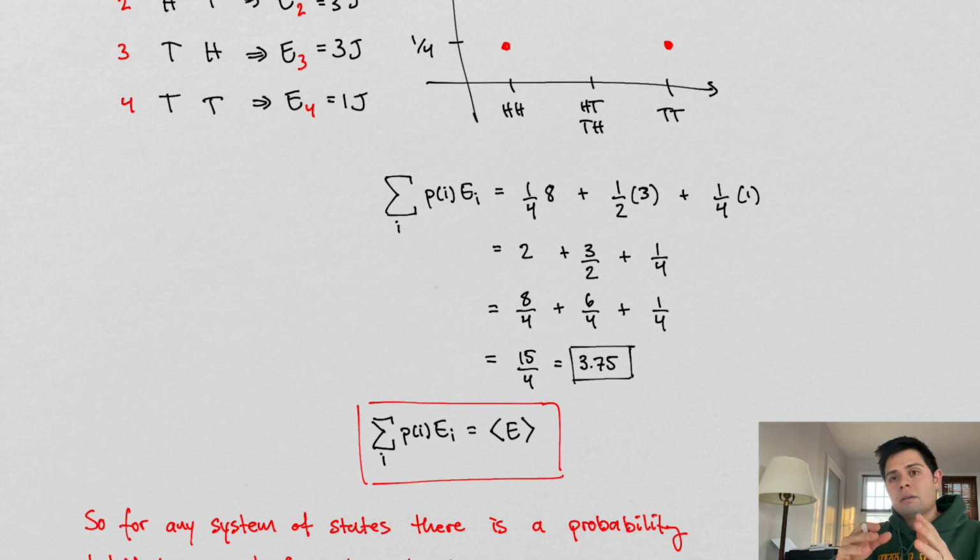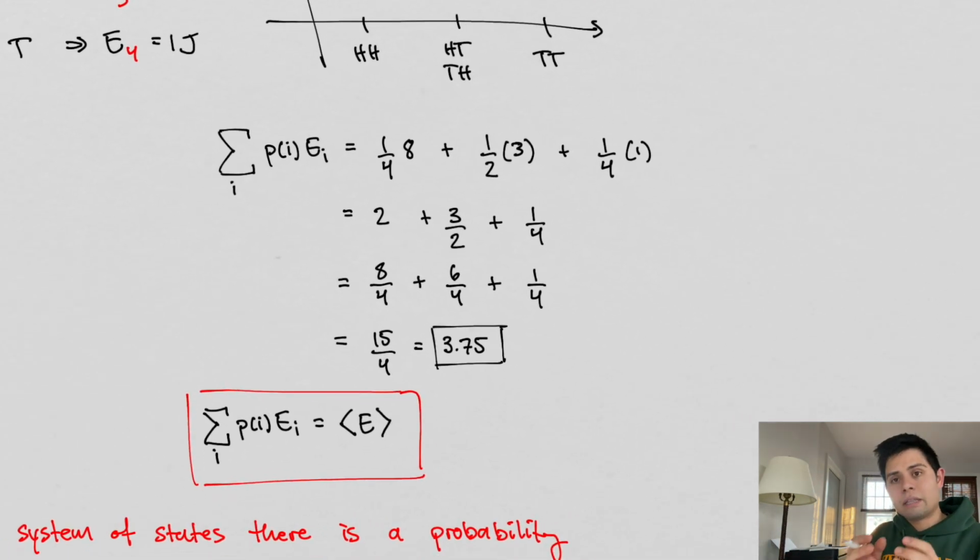So we say each state has some corresponding energy to it. What is the average energy of all the states that we could expect in the system? The way to do that is you basically take the energy as a weight of the probability, or the probability as the weight of the energy, either way.